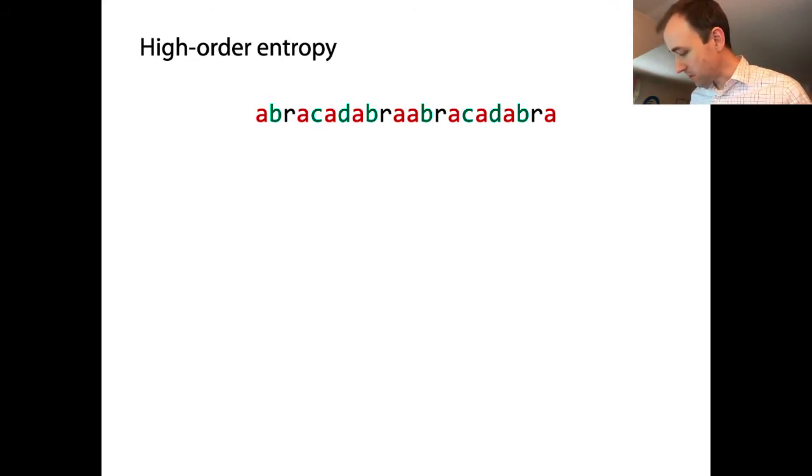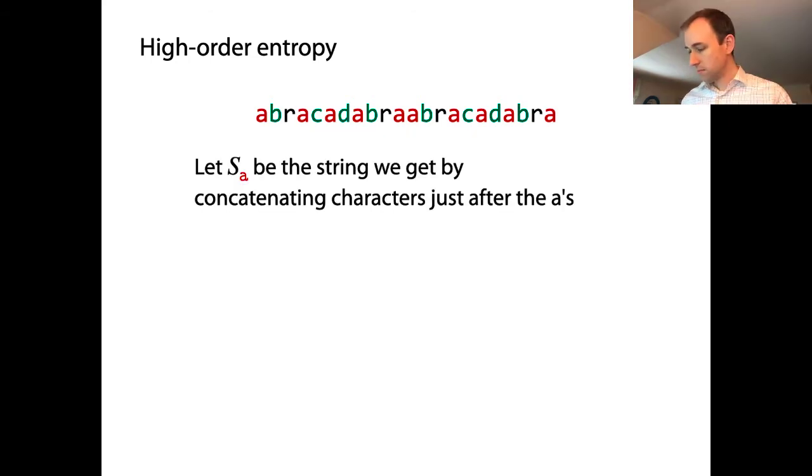In this example, I've highlighted them already. What are the characters that have A as their left context? B, C, D, B. Now be careful, I wrote A in red here, but that A has A as its left context, so I need that one too. B, C, D, B. So I'm going to build a new string called S sub A, which will consist of the characters we get by concatenating the characters that have A to the left.